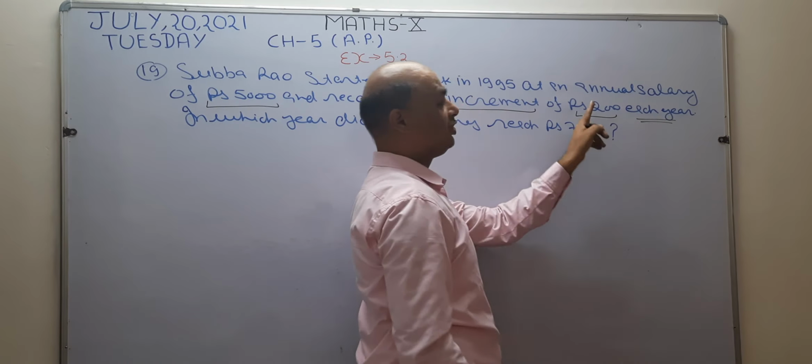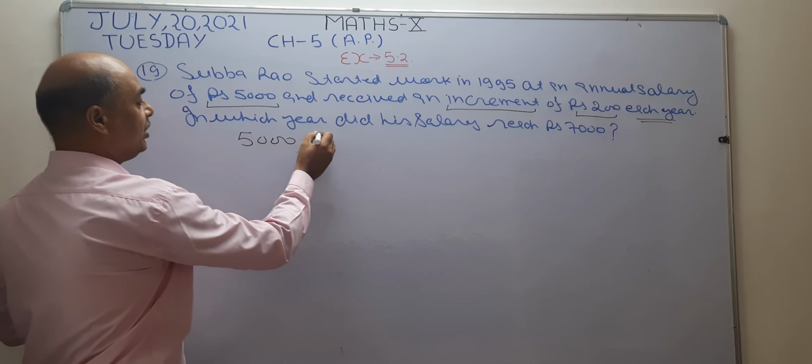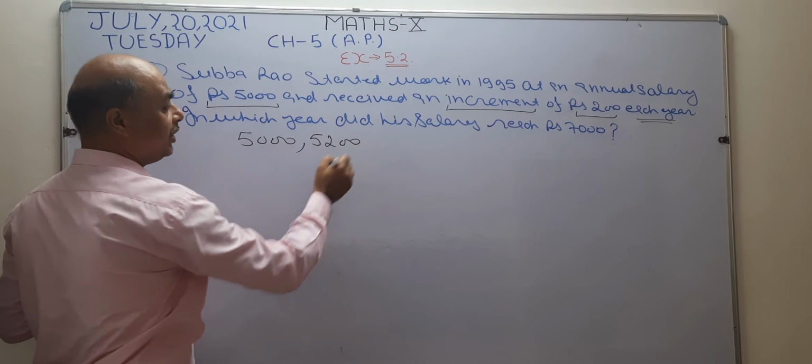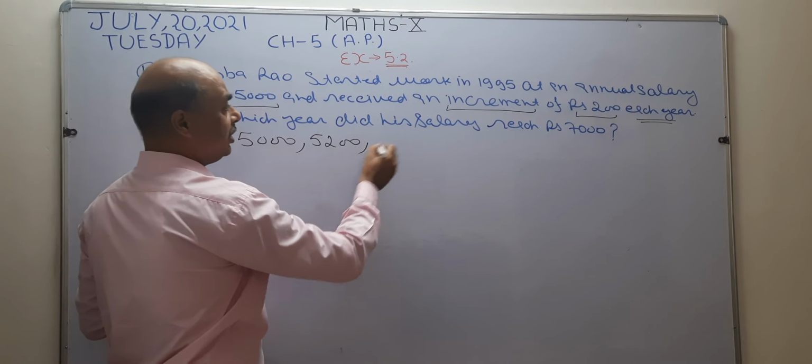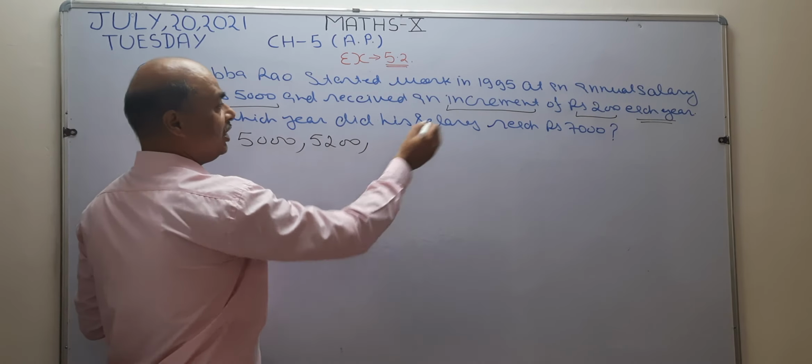It means in the first year he starts his job with rupees 5,000. After 1 year an increment of 200 is there, so his income becomes 5,200, and after 2 years his income becomes 5,400. A 200 increment every year. In this way his salary reached up to 7,000.